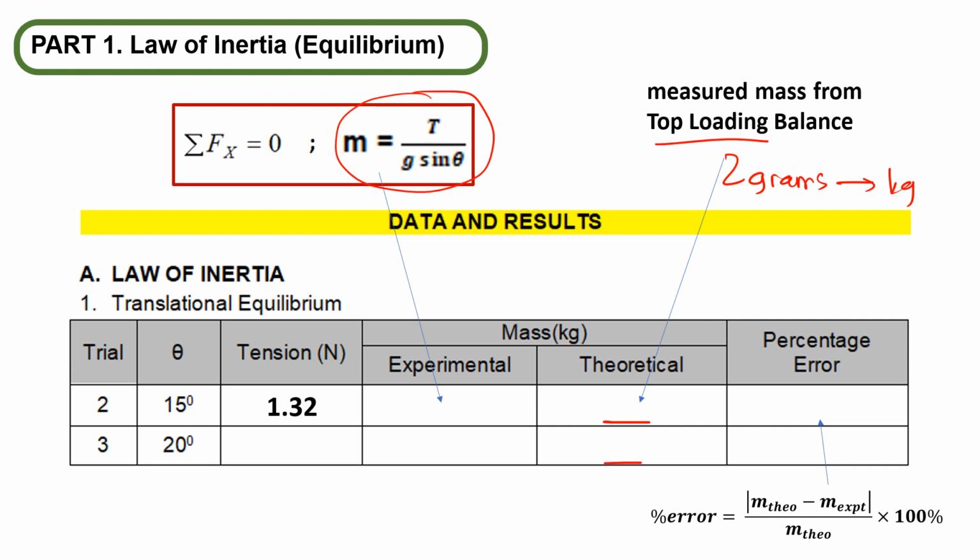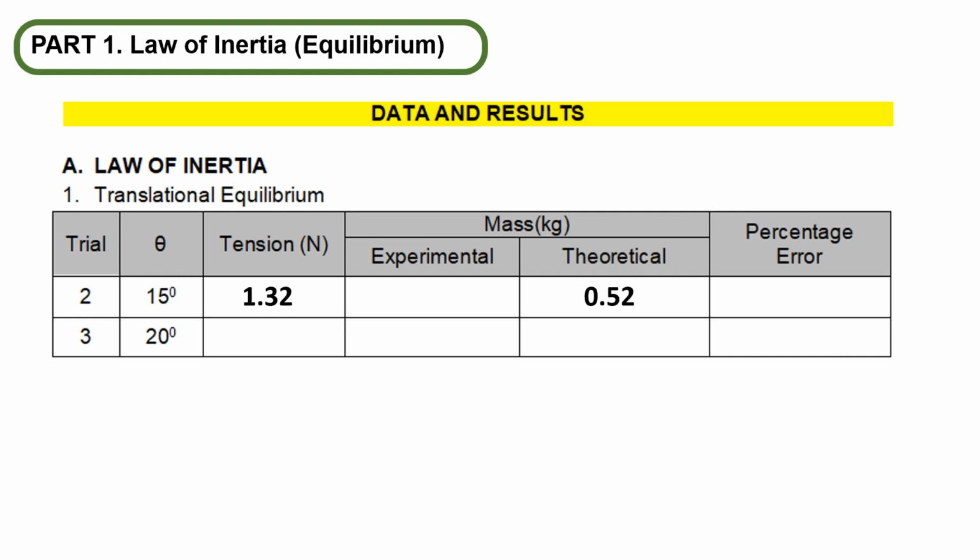That will be the theoretical value, the measured mass from the balance. After getting the experimental and theoretical values, we compute the percent error: the theoretical mass minus the experimental mass, over the theoretical mass, multiplied by 100.